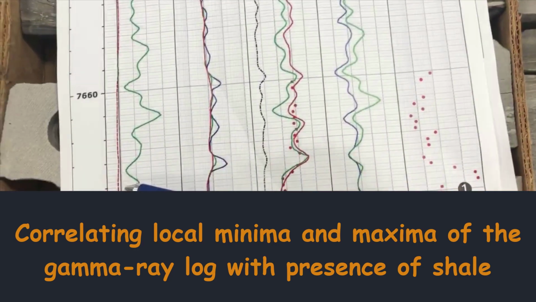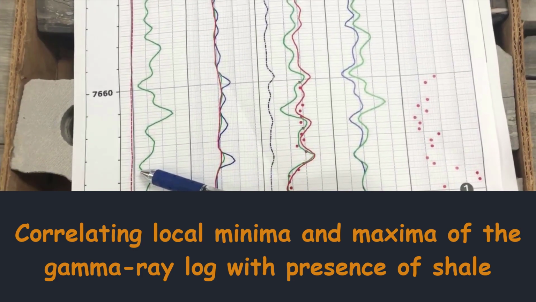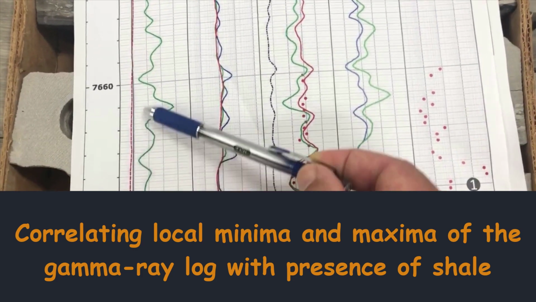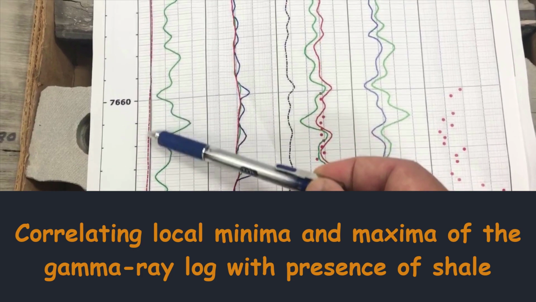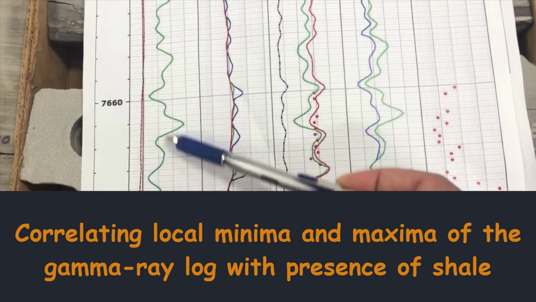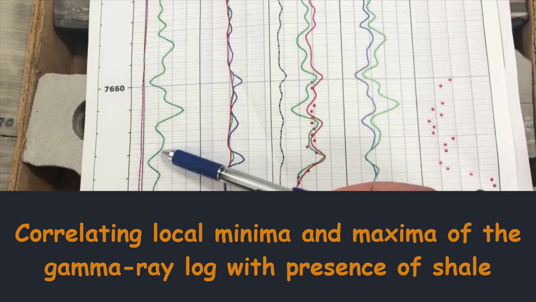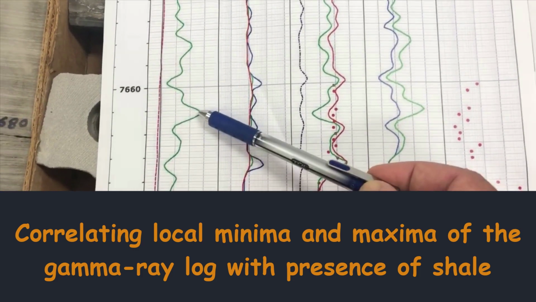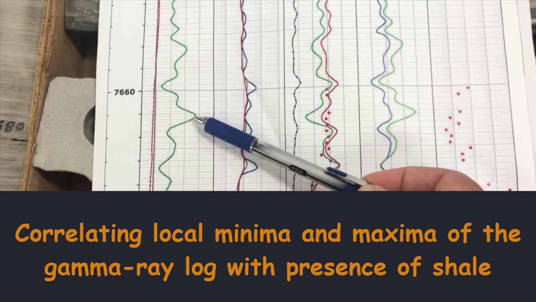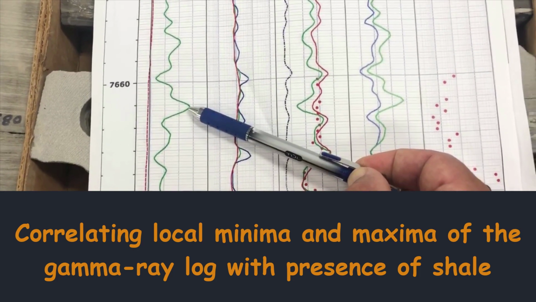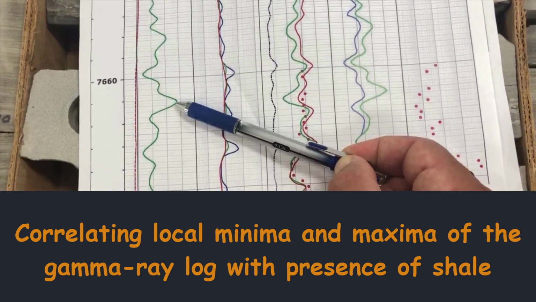And then we have other segments that are local minima, 76, 75. Actually, each one of these is 4 feet, so please take that into account. But you can actually trace the local minima and local maxima. For instance, here, that would be the presence of mostly shell, at about 7664.